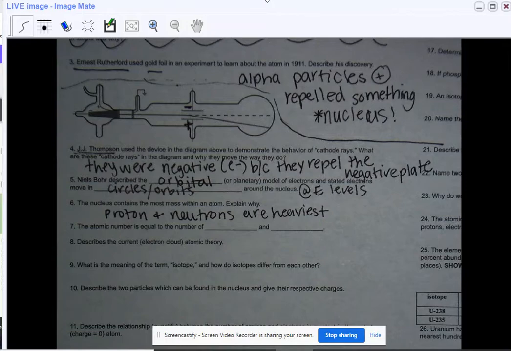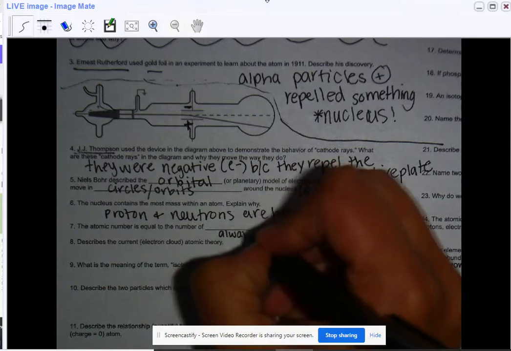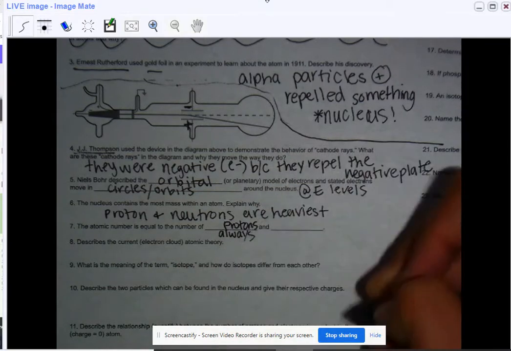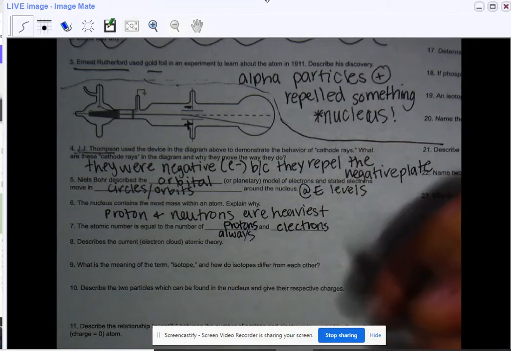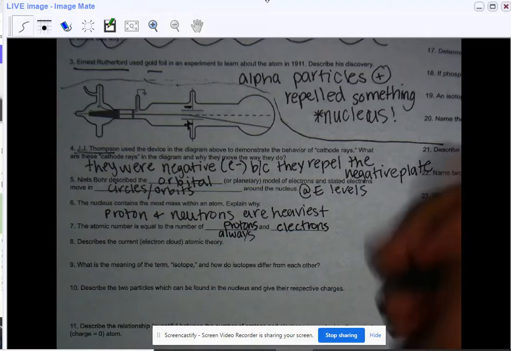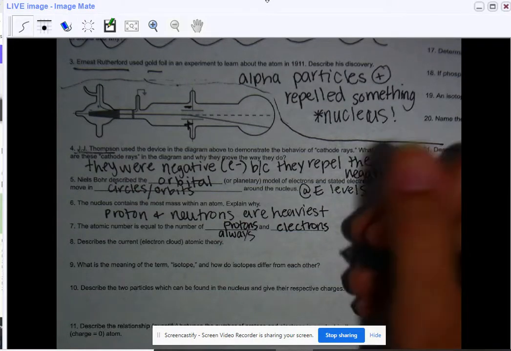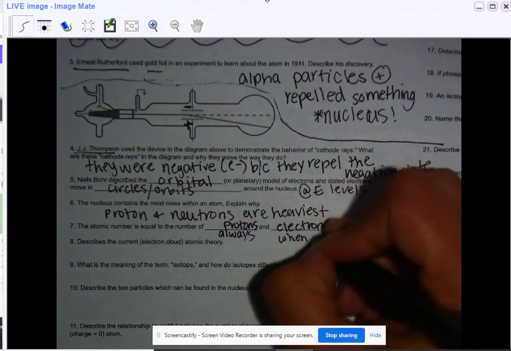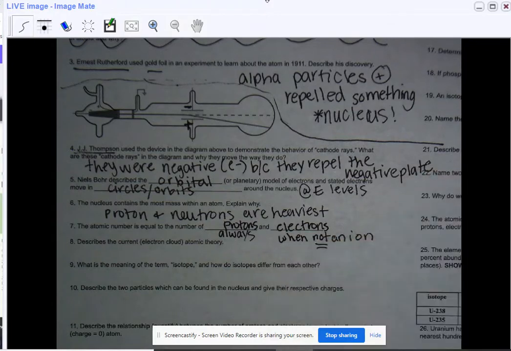The atomic number is equal to the number of blank and blank. So what is the guarantee? So what is the always? I'm going to put the word always underneath it. Protons. So put that on that first blank. Protons always. And electrons. What does it have to be with the electrons? It's when it's what? When neutral, right? So we can say when neutral, or you can say when not an ion, which is what we were just working with.